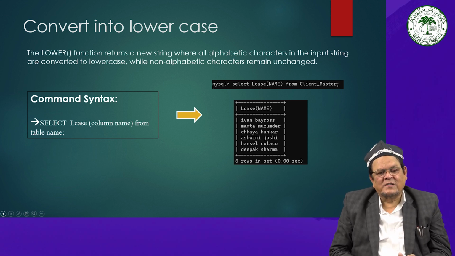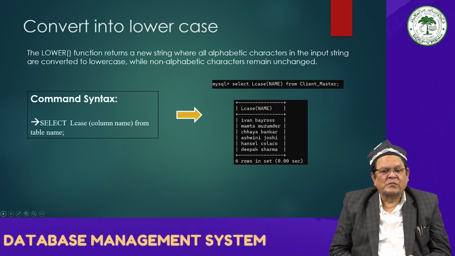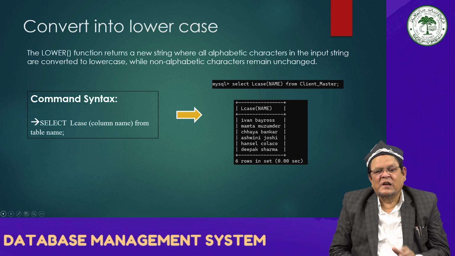The command syntax is select lcase, column name, from table name. Select lcase, L for lowercase, and the name, the attribute you want, from client master.